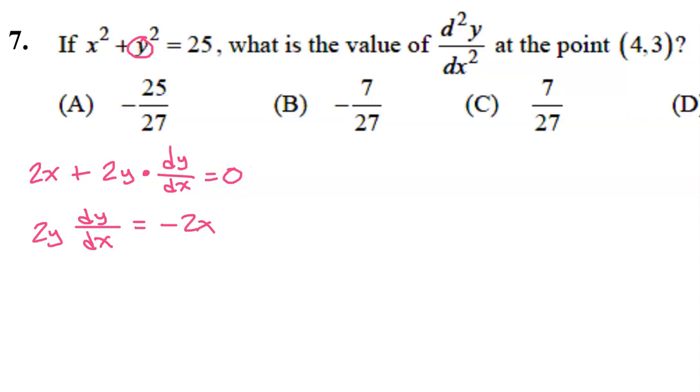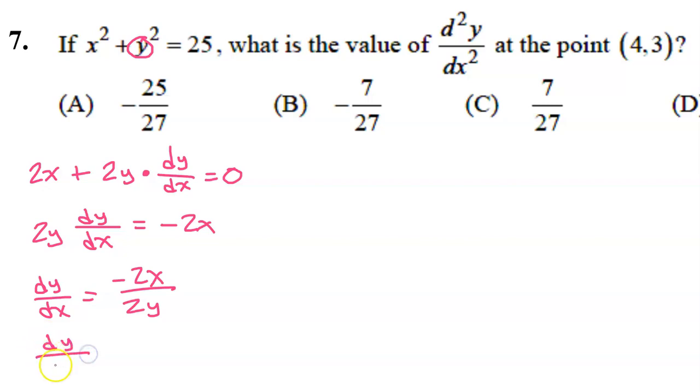Subtracting 2x from both sides, we have this. Now, dividing both sides by 2y, we have dy dx is equal to -2x over 2y. But these 2's cancel out.